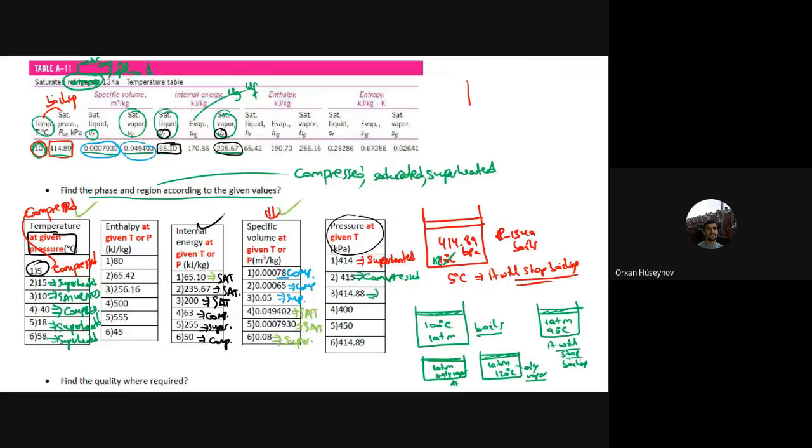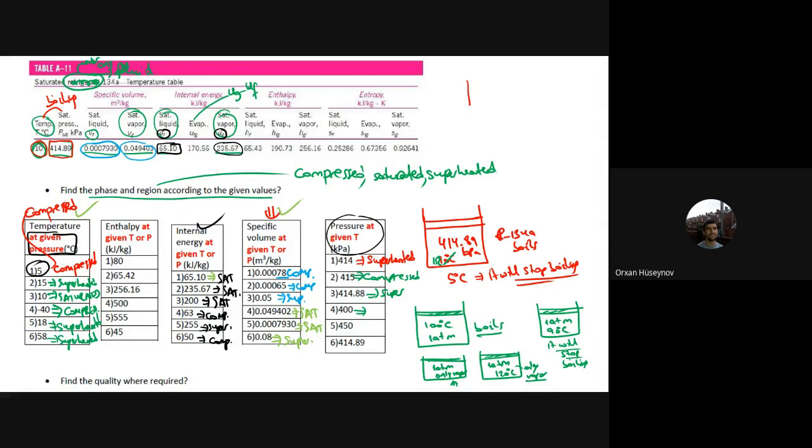So what about the third one? 414.88. It is superheated. You see, if you decrease the pressure, there is less pressing on the fluid molecules, and they are free to move. What about the fourth one? So what are your values for the fourth one?